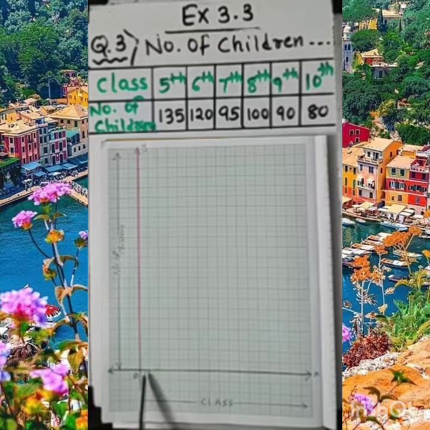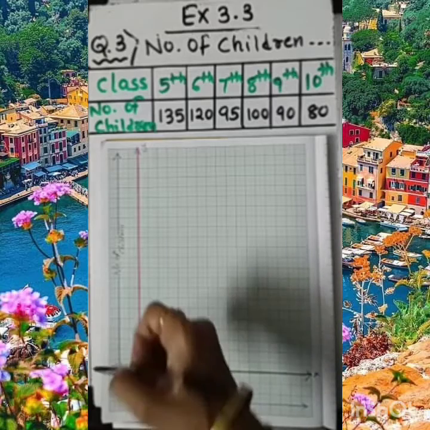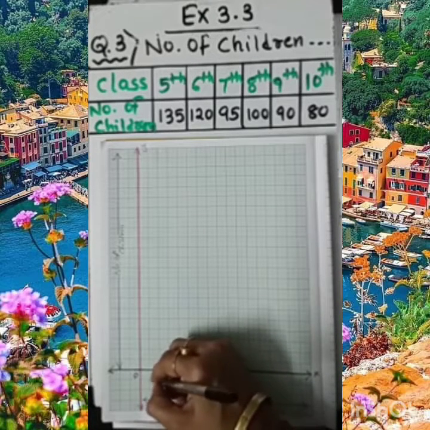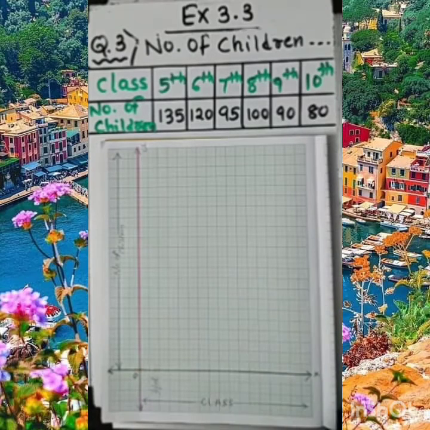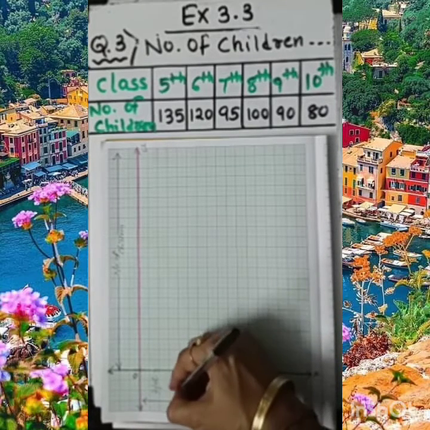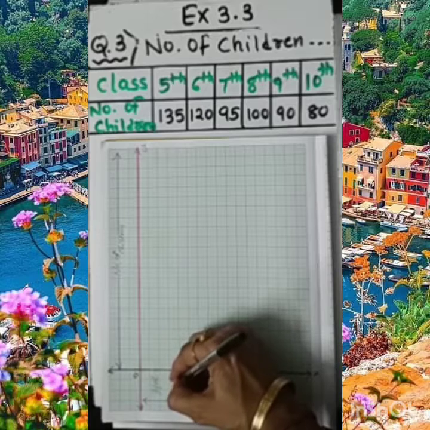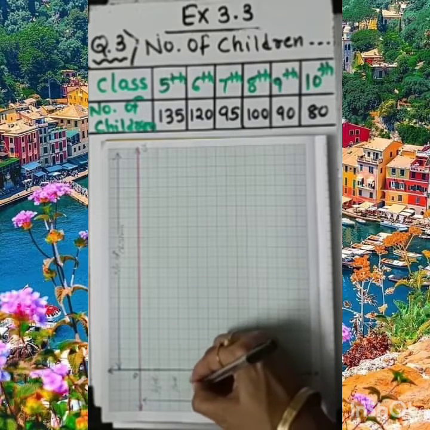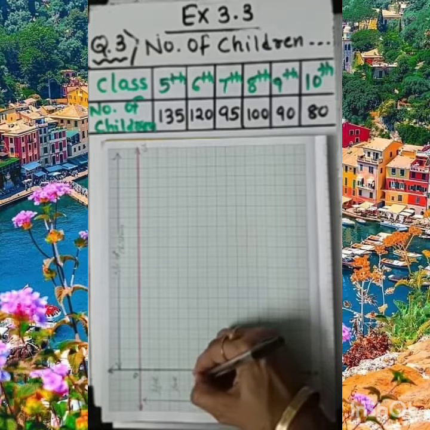So leaving the first block, the second block I am considering as the 5th class. So I am mentioning this is 5th over here. Then again leaving this much part, we need to write here 6th. Then leaving this, we need to write here 7th.